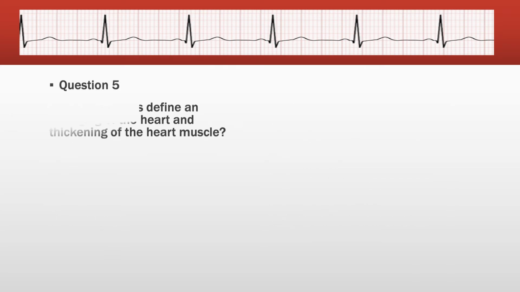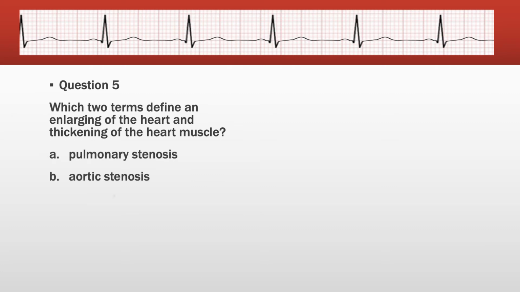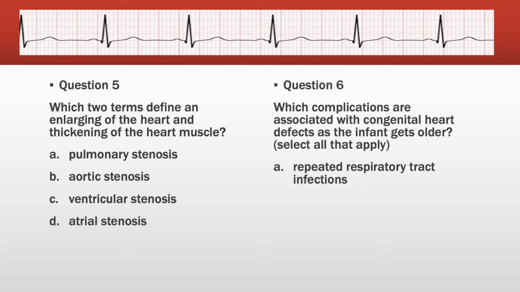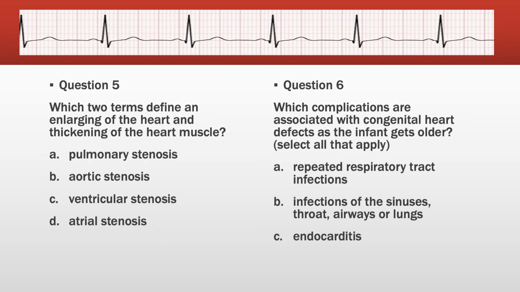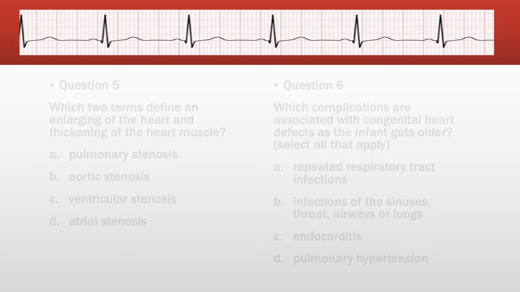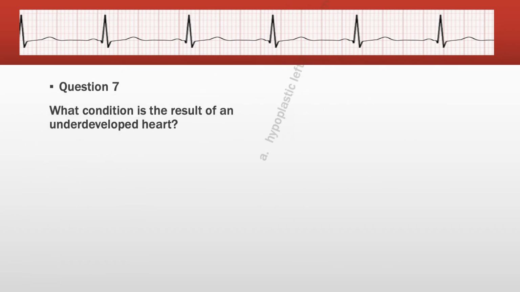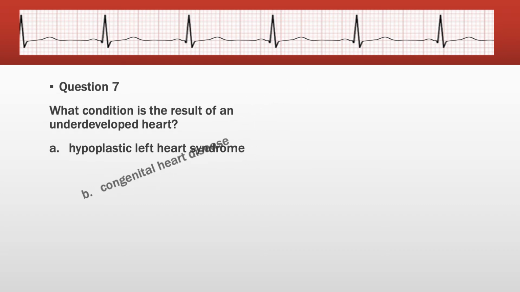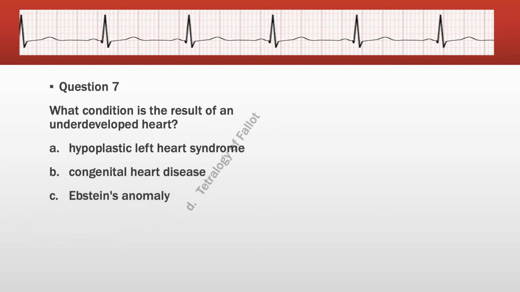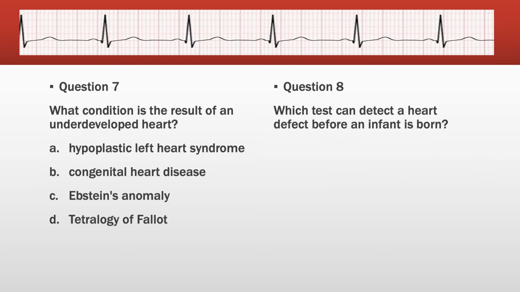Question 5. Which two terms define enlarging of the heart and thickening of the heart wall? Question 6. Which complications are associated with congenital heart defects as the infant gets older? Question 7. What condition is the result of an underdeveloped heart? Question 8.